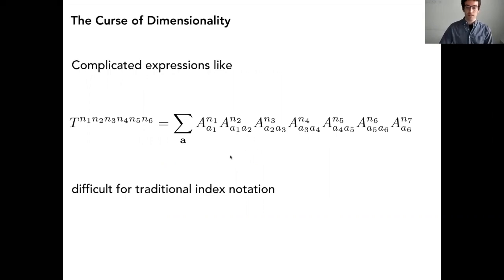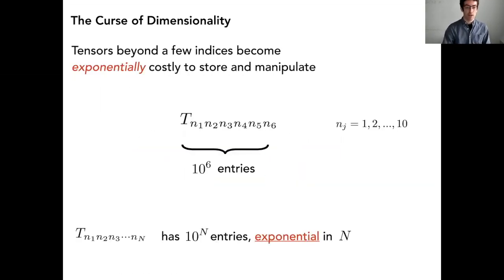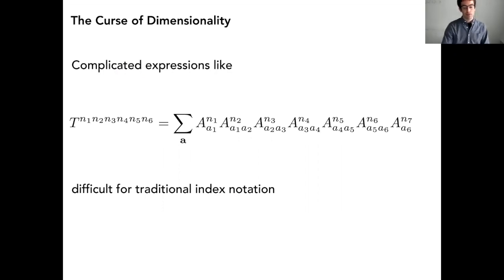I'm not asking you to understand this expression right now, although this is a tensor network, but you see expressions like this in a lot of papers. It's difficult to understand unless you've seen that exact expression before. There's a lot of indices flying everywhere, and it's very difficult to see what's going on. That's tied to these other problems of notating tensors. So traditional index notation starts to really not be up to the task.